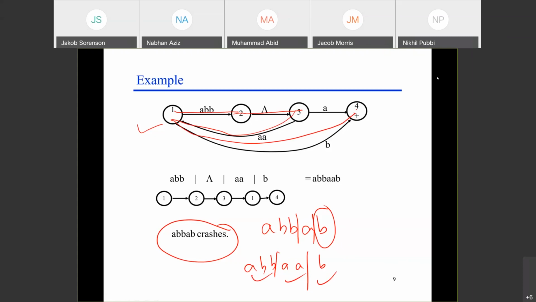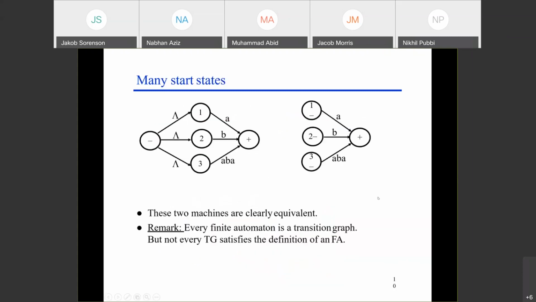So this is good. Now let's see this. As I already explained, the difference between FA and TG is that a TG may have more than one start state. Look at this one. Now my question is, who will give me the answer?